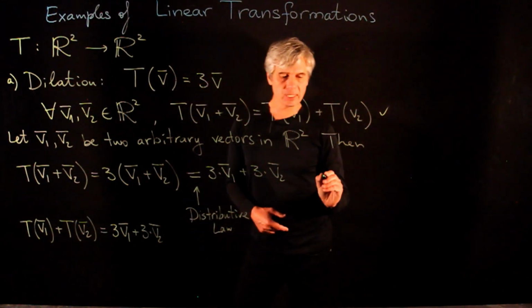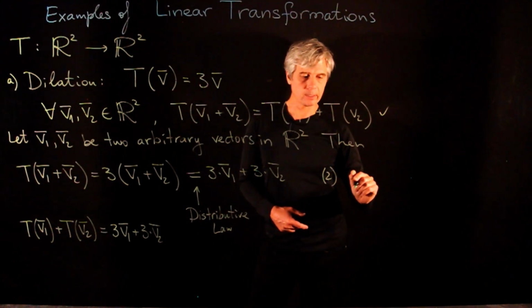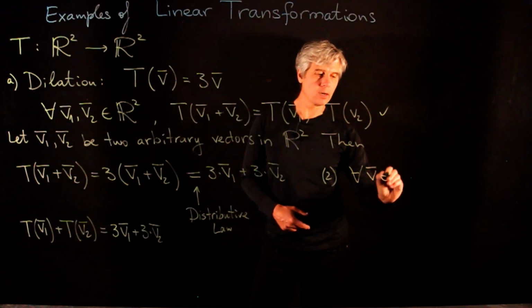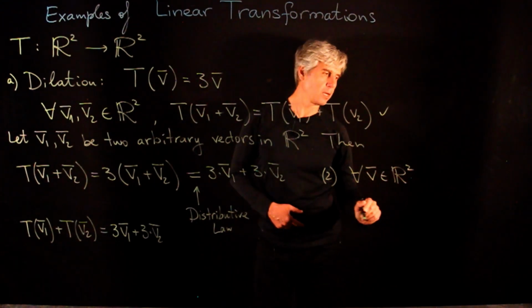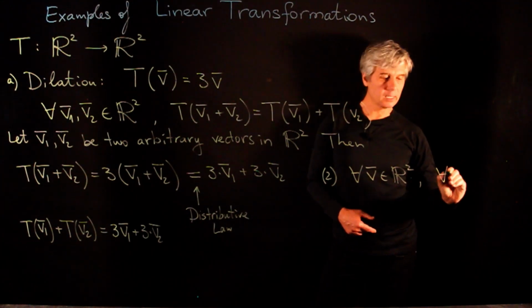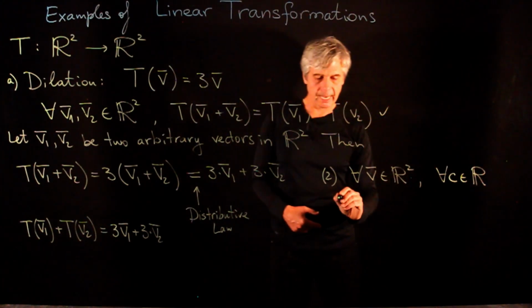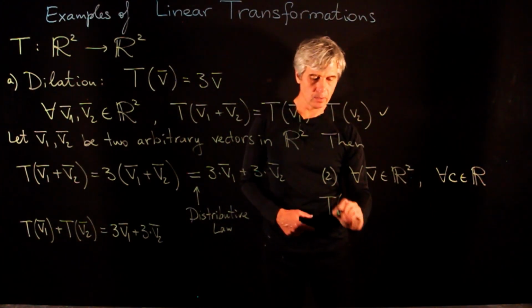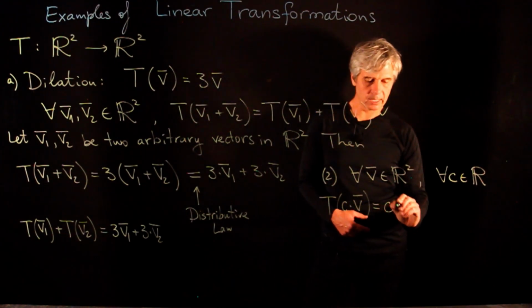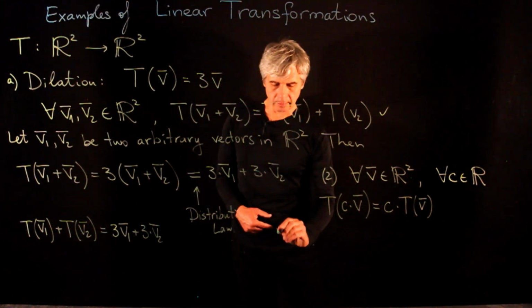And for the second property, we need to check that for all V in R2 and for all scalars C in the real numbers, we have that T of C times V is equal to C times T of V. Now we look at the left-hand side.